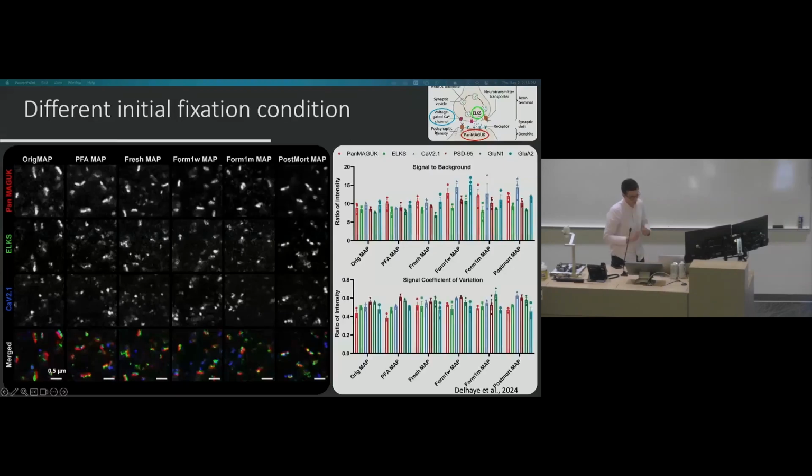Then looking at the variation of the signal to see if the signal varies more in one condition than another, it is quite homogeneous, or at least at the same level for all of the conditions, even though there are still significant differences between the different conditions and the different antigens.